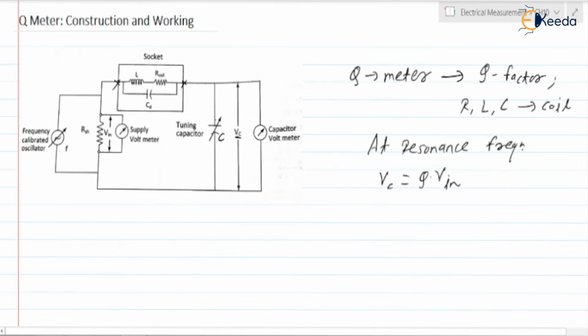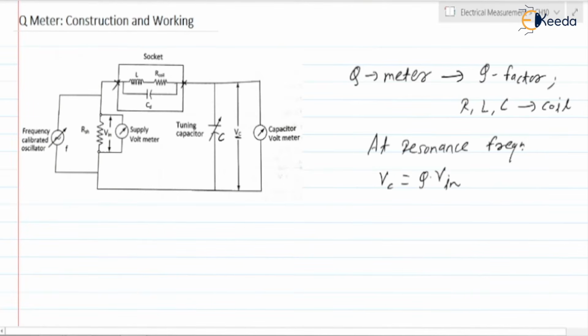Strictly speaking, the oscillator, shunt resistance and capacitor are the elements which are inbuilt in the meter, whereas these are the terminals where we are going to connect the coil.